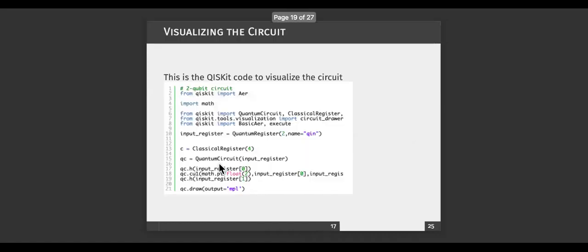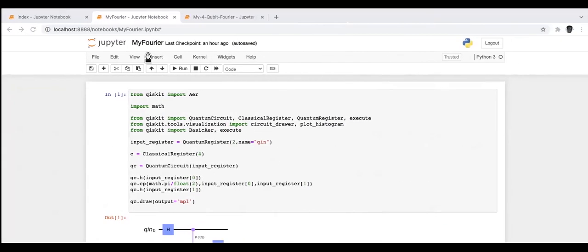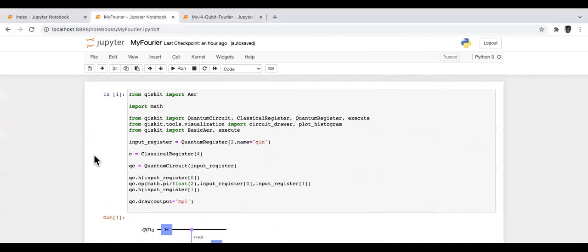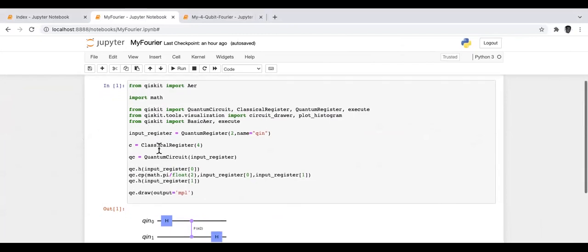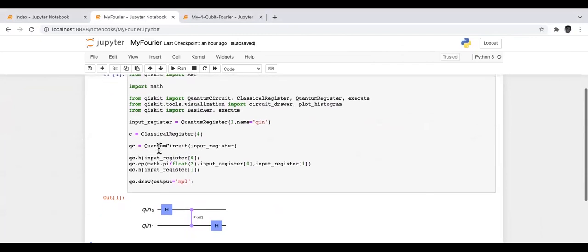So this is the QIS code of the visualized circuit. Let's go to the QIS. I have here a Jupyter notebook, and this is the result when you run this.